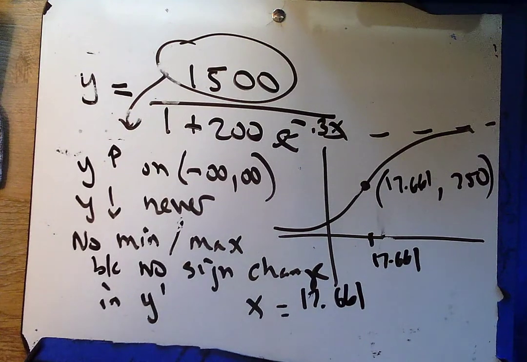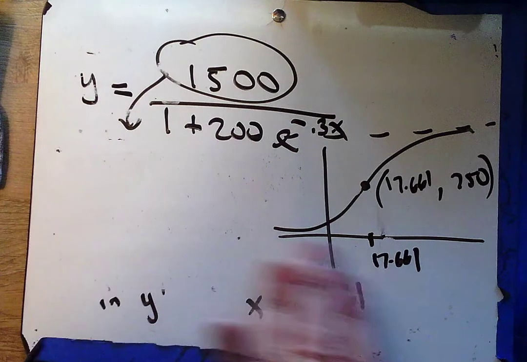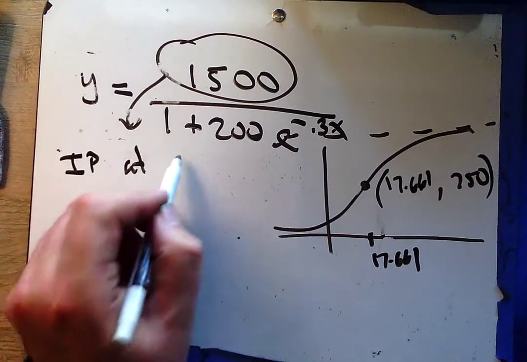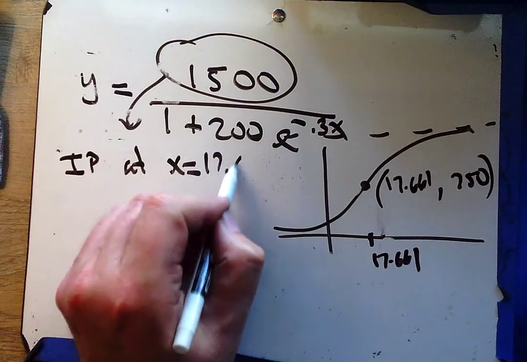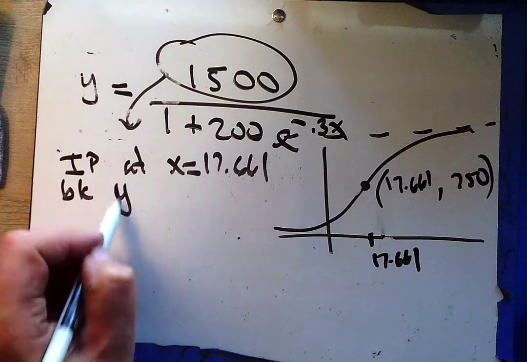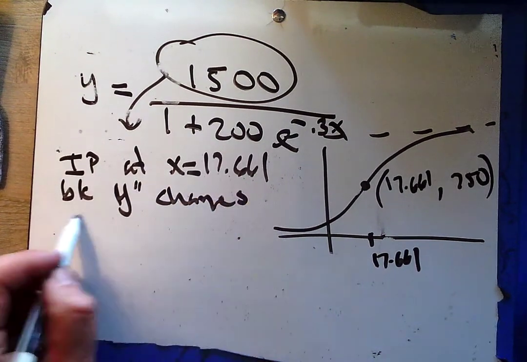So now, let's talk not about increasing, decreasing, and maxes and mins. Let's say I have an inflection point at x equals 17.661 because y double prime changes sign there.